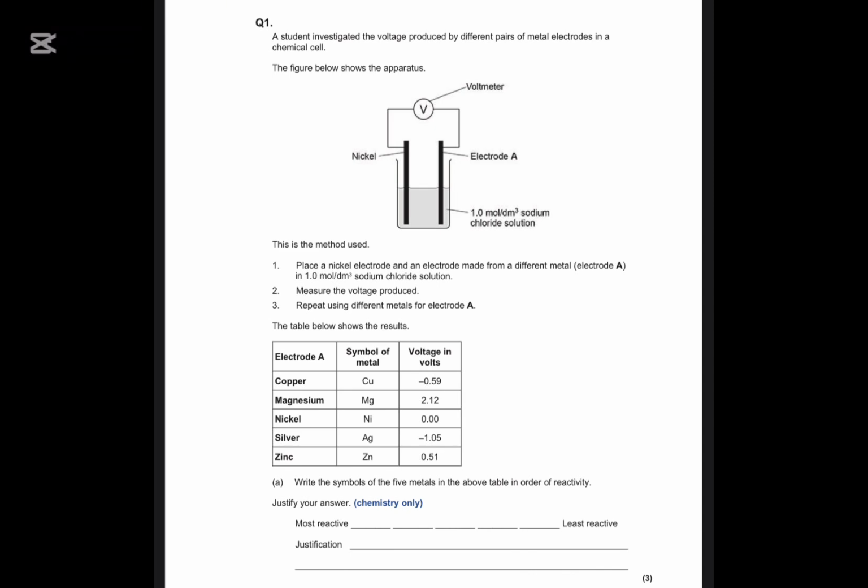That is, magnesium is Mg, zinc is Zn, nickel is Ni, copper is Cu, and silver is Ag. Now, justify your answer. I arranged my answer in that order because the higher the positive voltage, the more reactive the metal. So let's go to the next question.